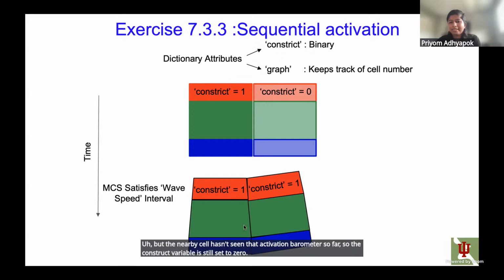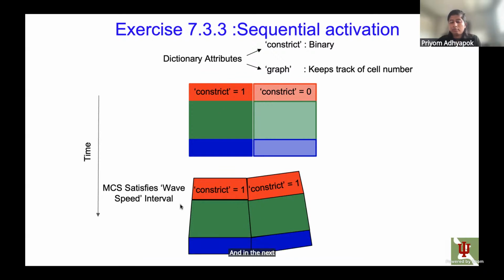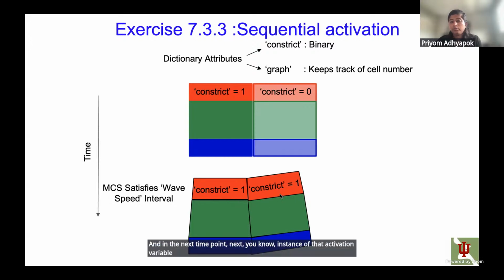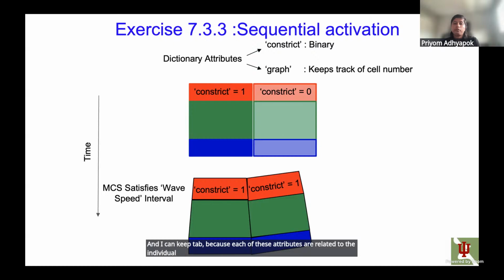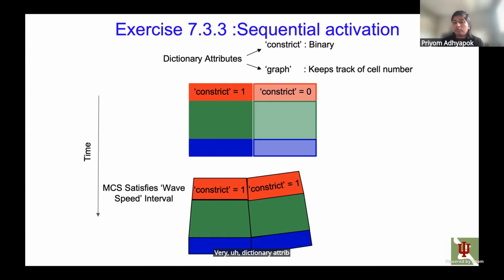And at the next time point, both of these cells have now seen that constrict parameter, so both of them have been set to 1. I can keep tab because each of these attributes is related to the individual cells. So if I write a cell loop, I could check for this particular cell, what does that constrict dictionary attribute say? Is it 1 or 0?